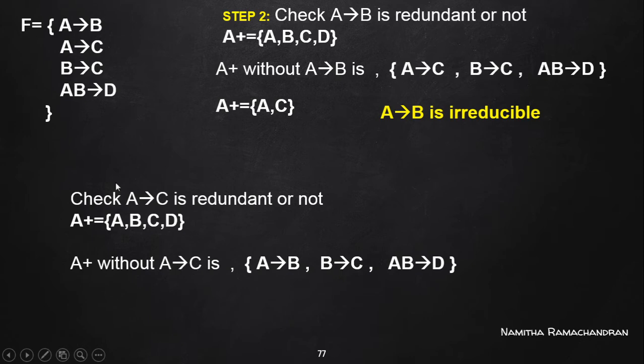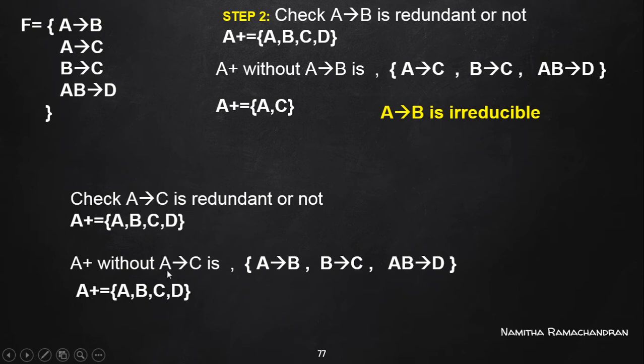Without A implies C, F becomes A implies B, B implies C, AB implies D. So again the A closure becomes A, B, C, D. That means from this set, the A closure is A. If we know A, we get B. If we know B, we get C. With the help of A and B, we can derive D. So from this it is clear that with and without A implies C, the A closure is the same.